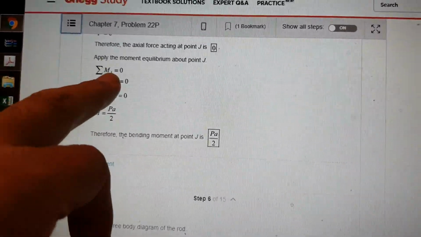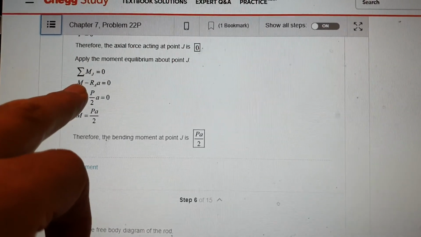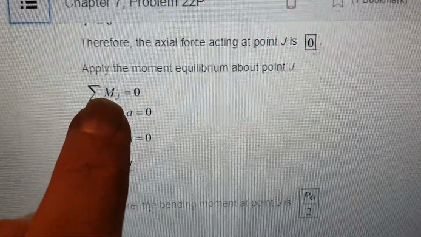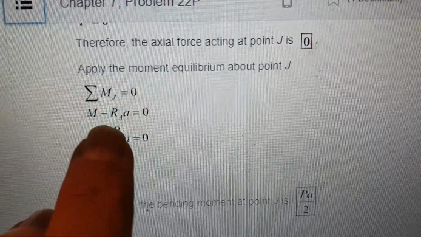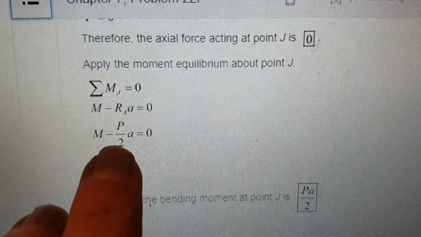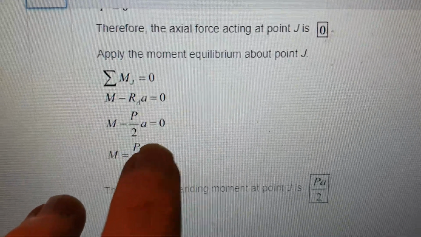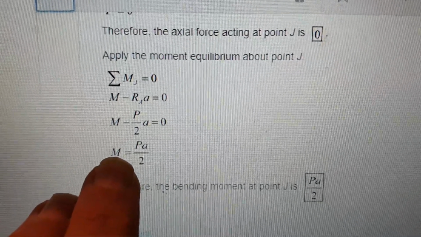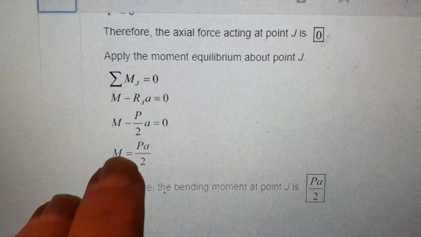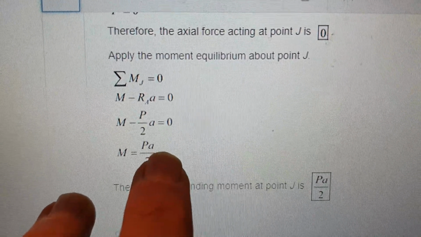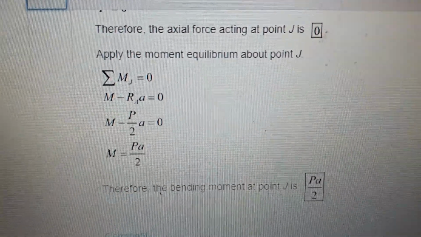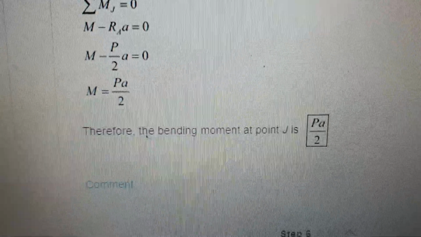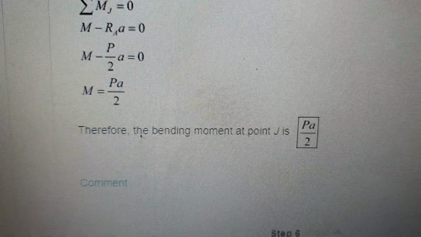So summation of moment at G equal to 0, moment minus RA times A, and RA we know it is P over 2, times A, equal to 0. So the moment at G is equal to the force P times A over 2. So the bending moment at point G is PA over 2.